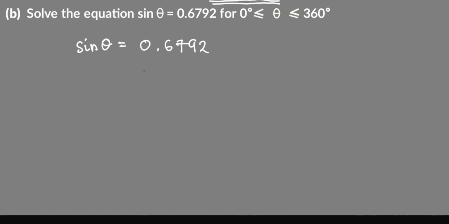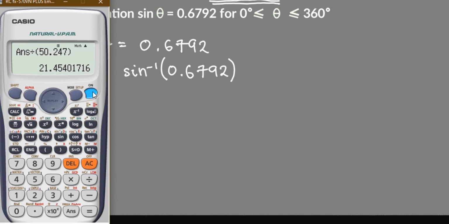Theta is going to be equal to sine inverse 0.6792. This will be the angle in the first quadrant. Shift and we hit the sine button. This is our theta in the first quadrant, 42.7811.